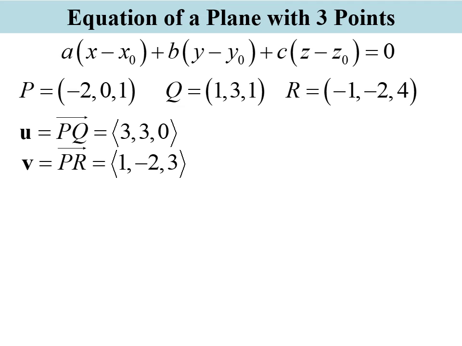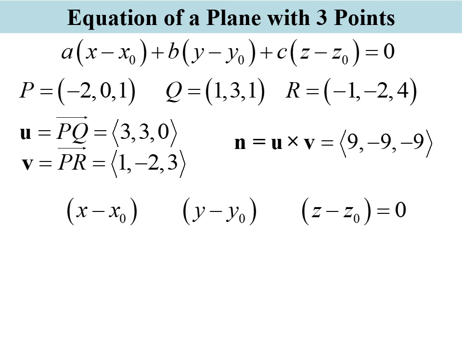So to find a normal vector, we need the cross product of those 2. Then we need the format of our equation to look like this, with the coefficients on the front of the parentheses, the components of that normal vector. The x0, y0, z0 is any point in that plane.